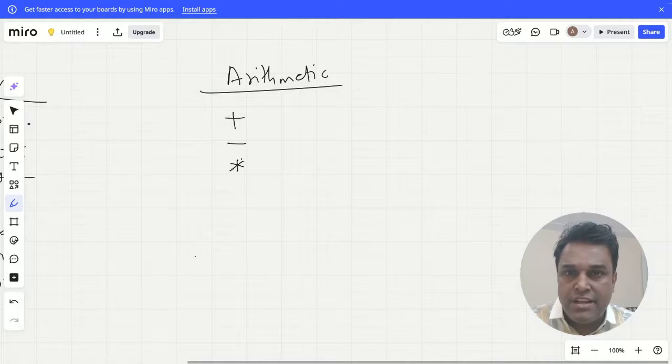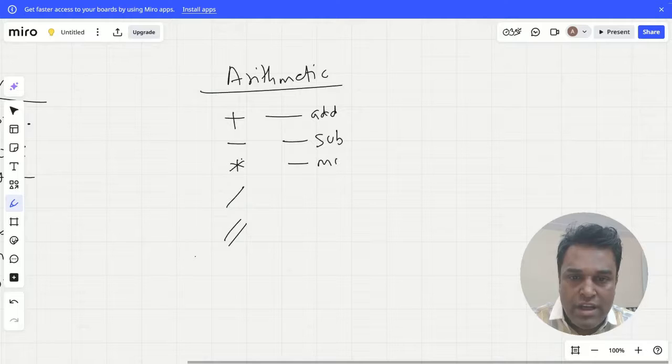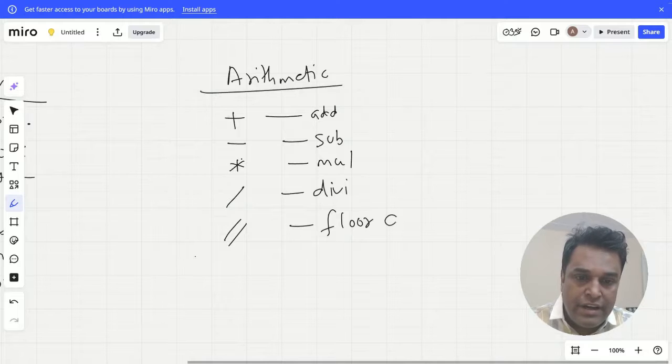then there is the asterisk, that is the star character in simple language, which is used for multiplication. Then there is slash, the front slash. Please remember the front slash, that is for the division. And then we have double slash, that is for floor division. So I'm going to write over here, this is for the adding, this is for the subtraction, this is for the multiplication, this is for the division, and this is for floor division.